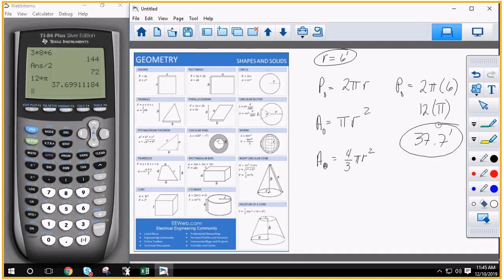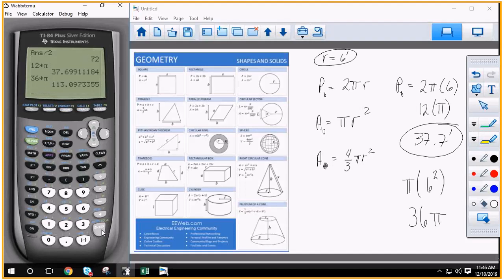Area is going to be pi times 6 squared, which is 36 pi. And we'll go to our handy-dandy calculator and do 36 times second pi.